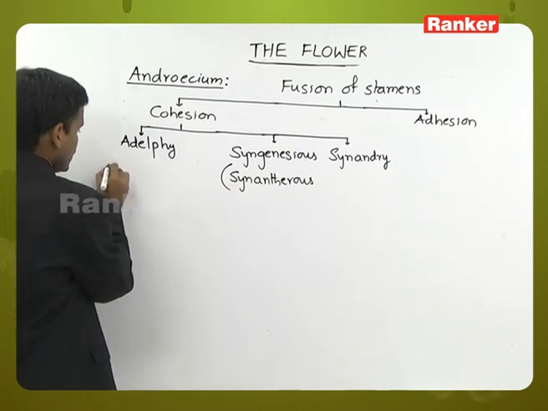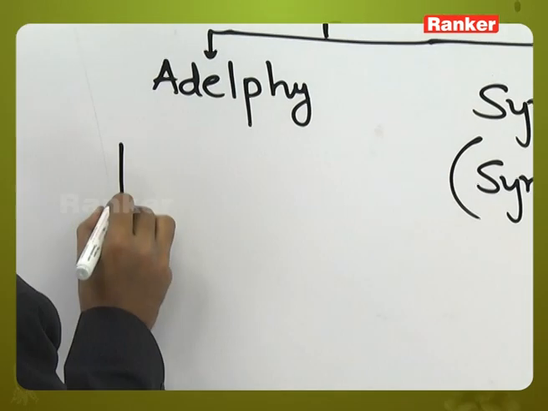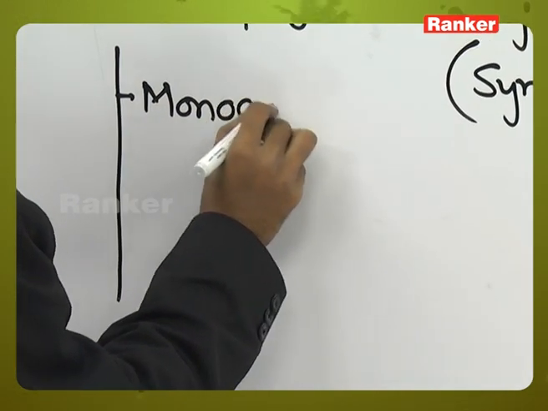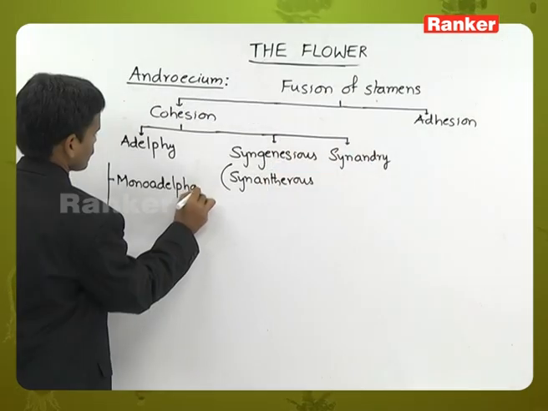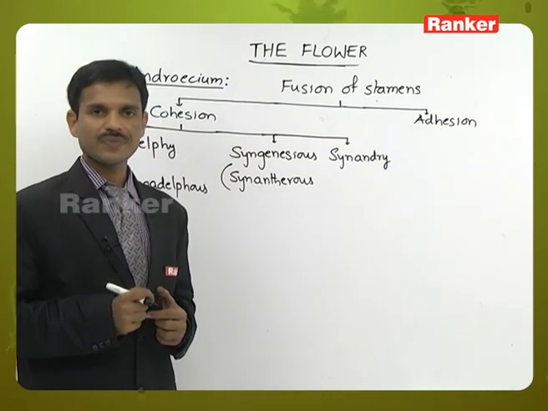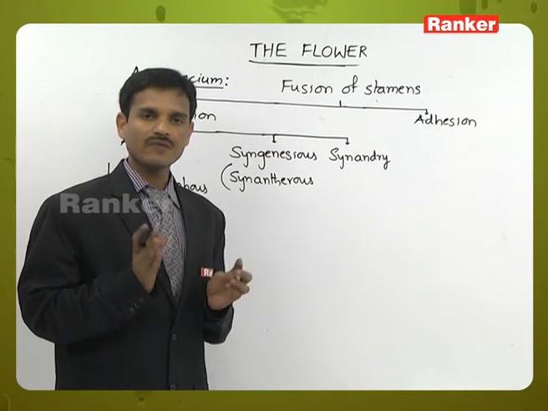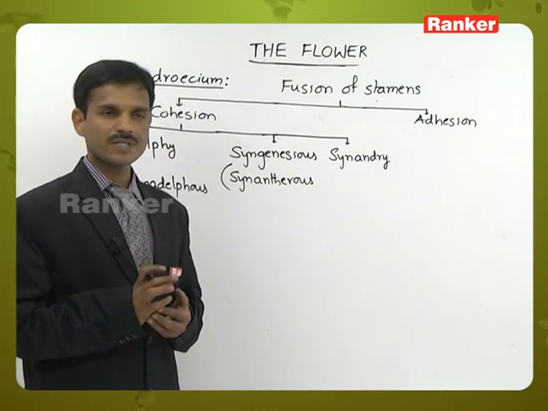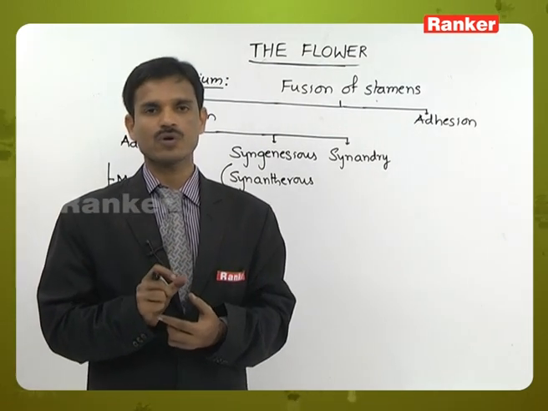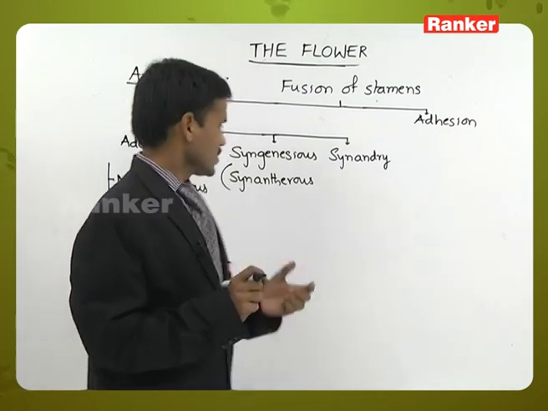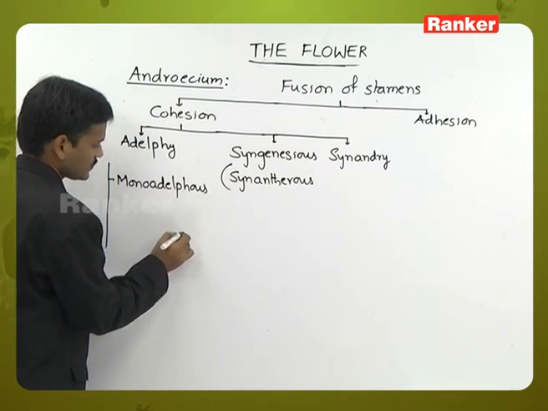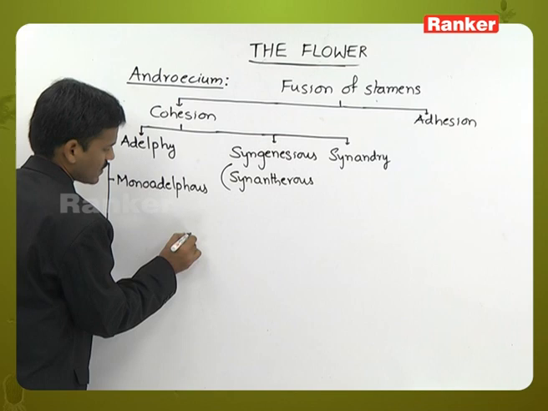Adelphy is of different types: monoadelphous, diadelphous, polyadelphous. Monoadelphous means all the filaments are fused. In the flower, a number of stamens are present, and all the stamens are fused in the filament portion only, not the anthers, forming a single bundle. An example is the hibiscus flower.